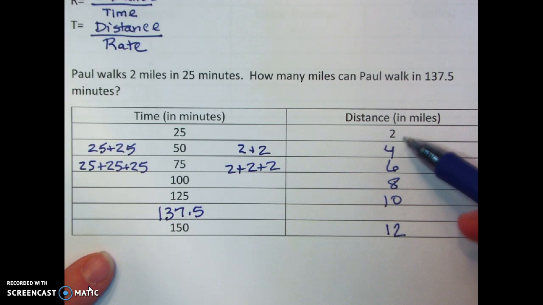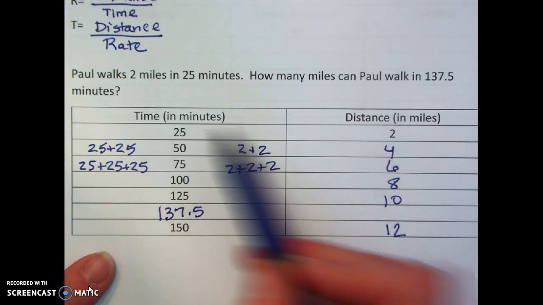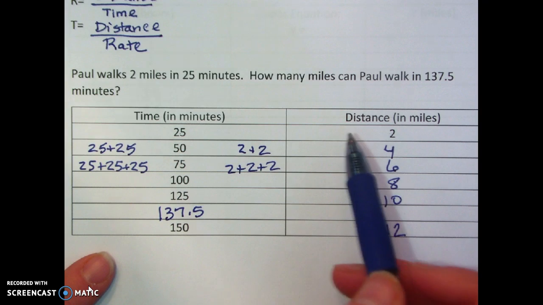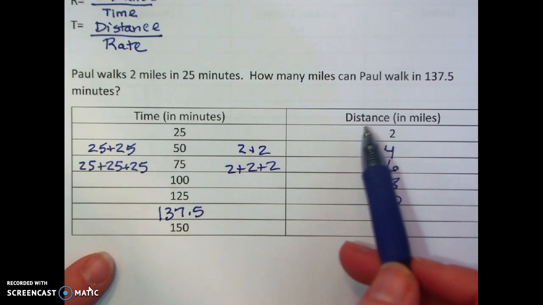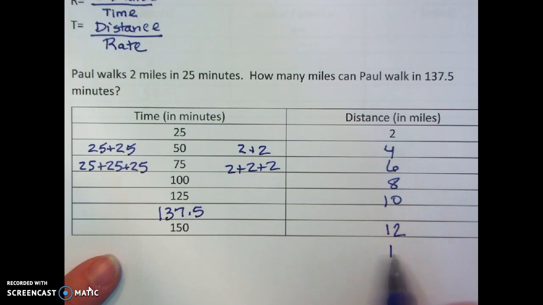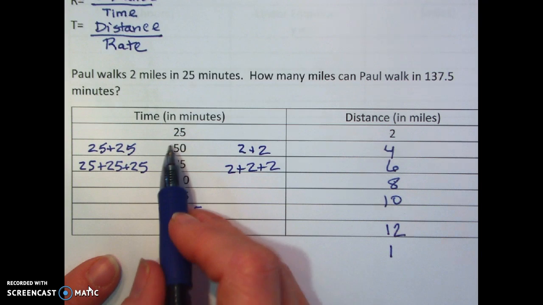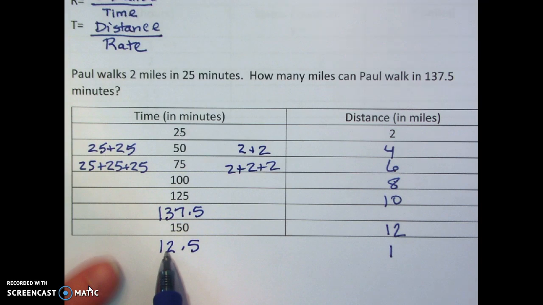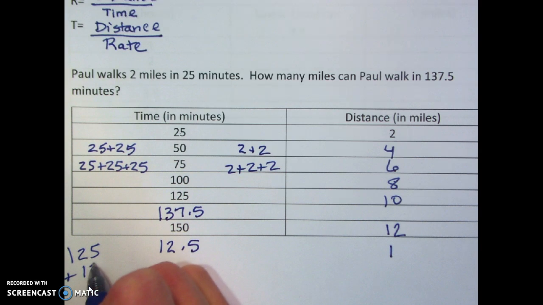One way we can do that is we can go back up here and figure out how far we go in 1 mile. If we go for 25 minutes, we go 2 miles. So if we would go for only 1 mile, how much time would that take us? Well, half of 25 is 12.5. So every mile we go 12.5. So 125 plus 12.5 actually adds up to 137.5.